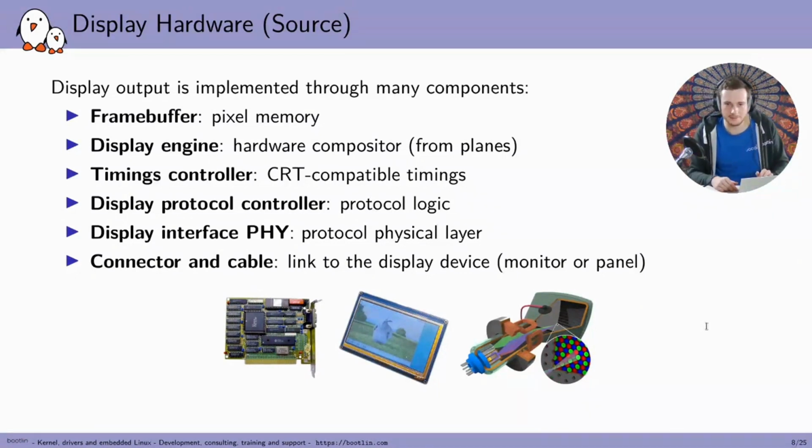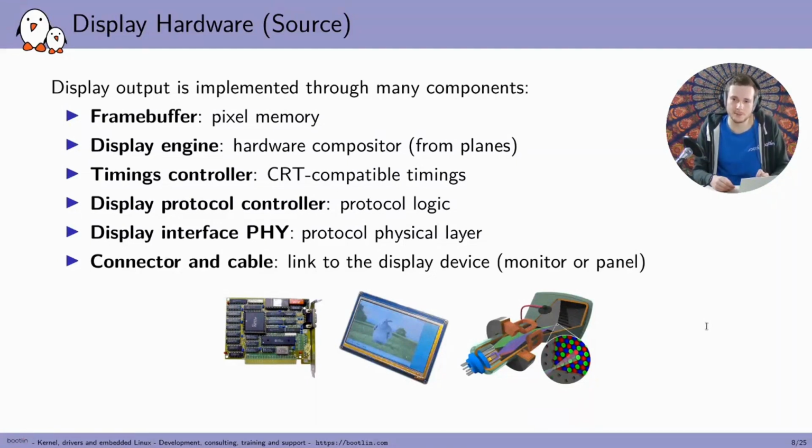So once we have a composited picture that is ready to be sent, we're going to pipe it through a timings controller, which is responsible for basically feeding the pixels at the correct rate that is expected by the other side, so the monitor.